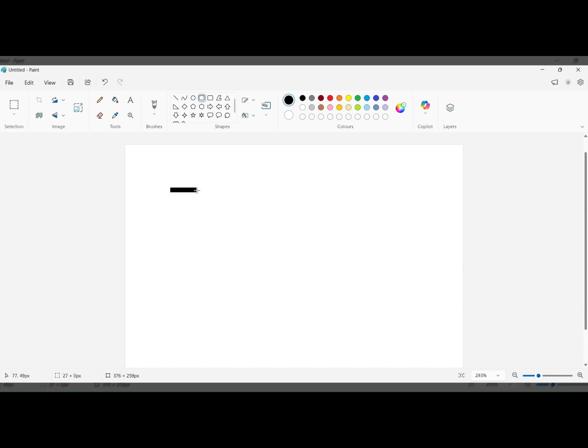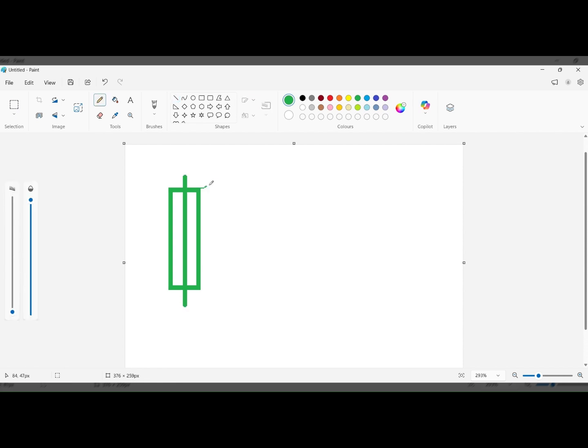So let's start by looking at the physical anatomy of a candlestick. We can classify this one as a bullish candlestick, but how exactly do we see that? We see it with its characteristics. Obviously, it has a low and it has a high, right? And what tells us this is a bullish candlestick?